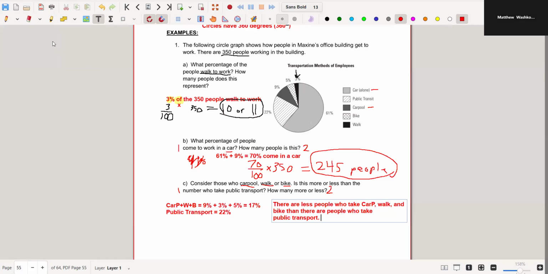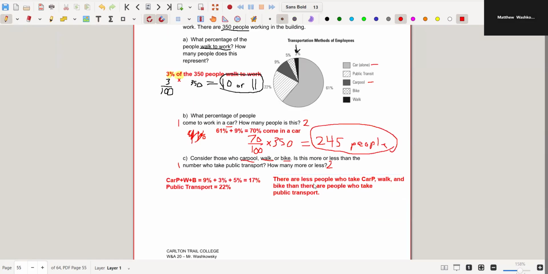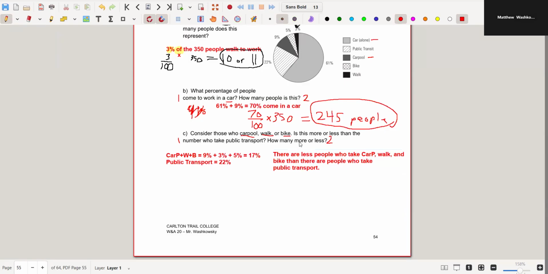Okay, so I've done question 1. Now I need to work on question 2. How many more or less? I could say 5%, but that's a cop-out. So I know it's 22 minus 17, so 5% more.